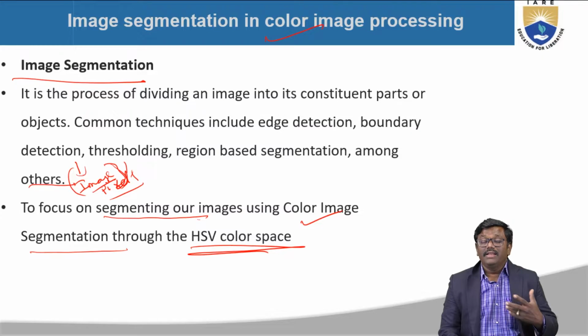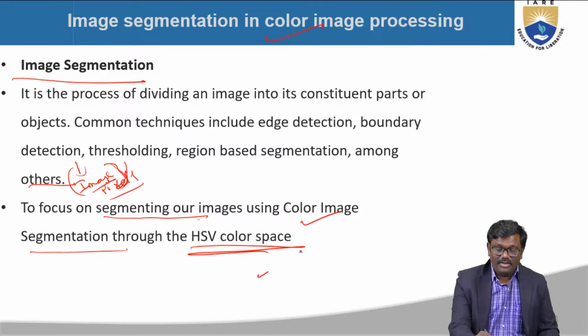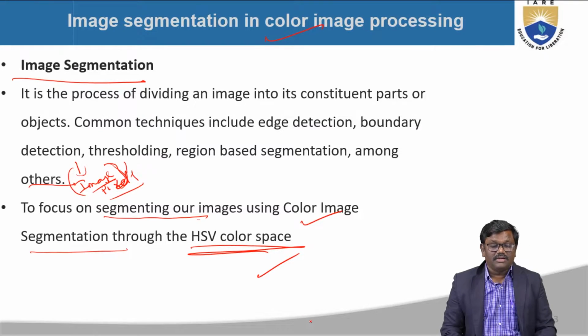We discussed earlier that there are three types of color models. One is the RGB based color model, the second one is CMY, and the third one is this HSV color space model. How may this HSV color space model be developed?